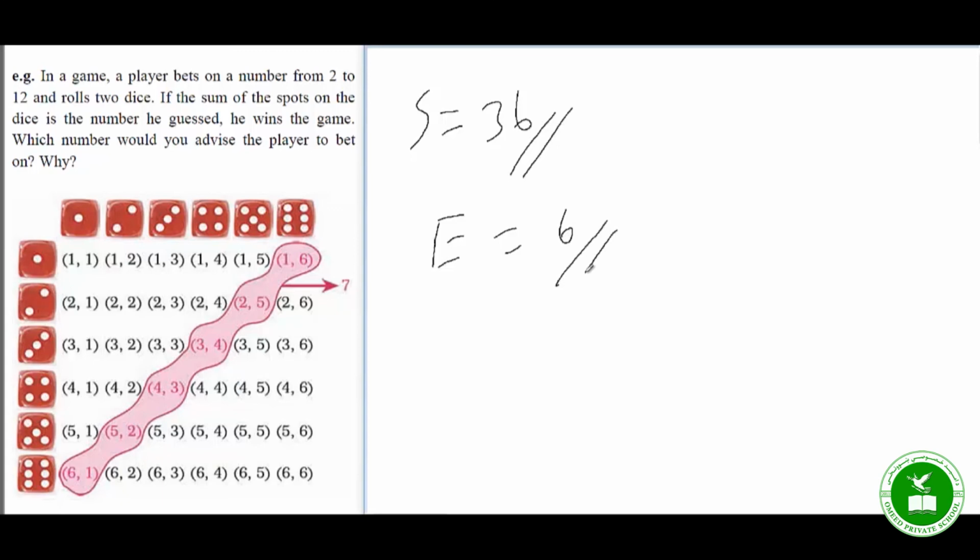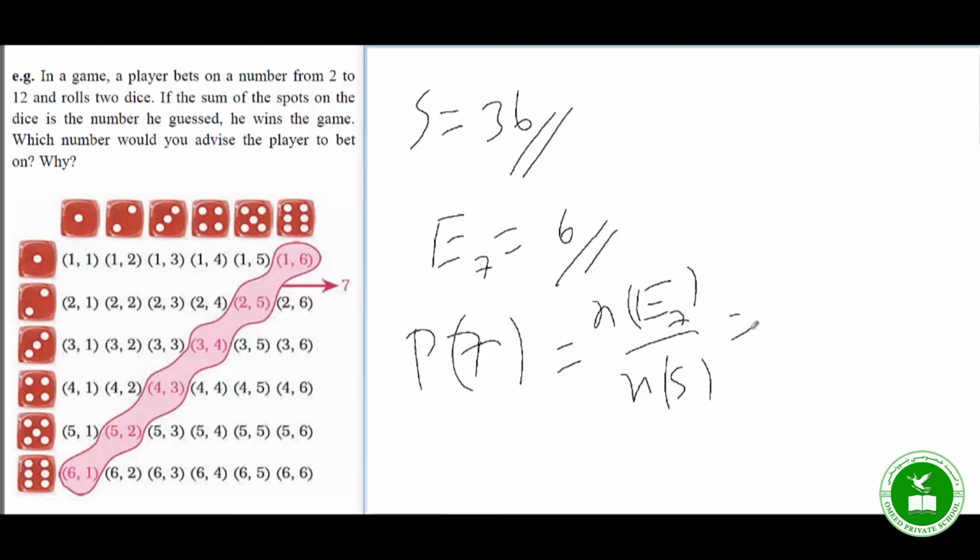The probability for this event, which gets number 7, is equal to the number of events over the number of sample space, which is equal to 6 over 36, and it's equal to 1 over 6. So what's the probability for number 7? It's 1 over 6, and it's the highest probability for this experiment.